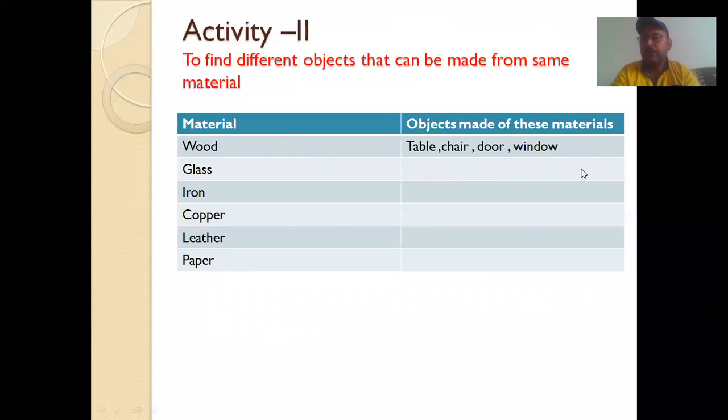Objects made of this material: table, chair, door, window. Same way, you have to mention the objects which can be made of glass, iron, copper, leather, paper, right?